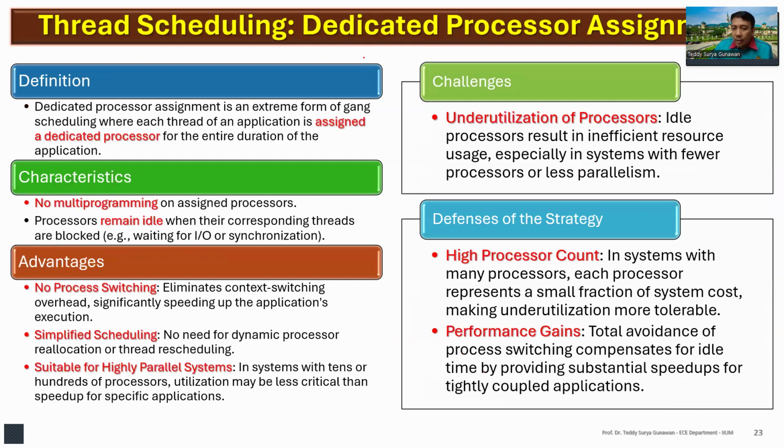Then the third one is dedicated processor assignment. Dedicated means now you have the thread, not only the process. Then you have the core, the processor core. Then thread one goes to core number one, thread two to core number two, until it finishes. What is the benefit? There's no process switching, because you are on the thread level, and it simplifies scheduling.